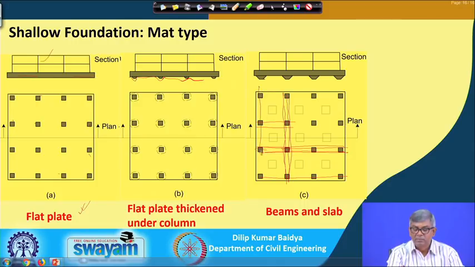This direction columns will be connected by this beam, and that direction by that beam. There will be a net-like structure first, beams in both directions, and on that we will have a flat slab, and then from all columns will be erected. So, this is called beams and slab type of mat.